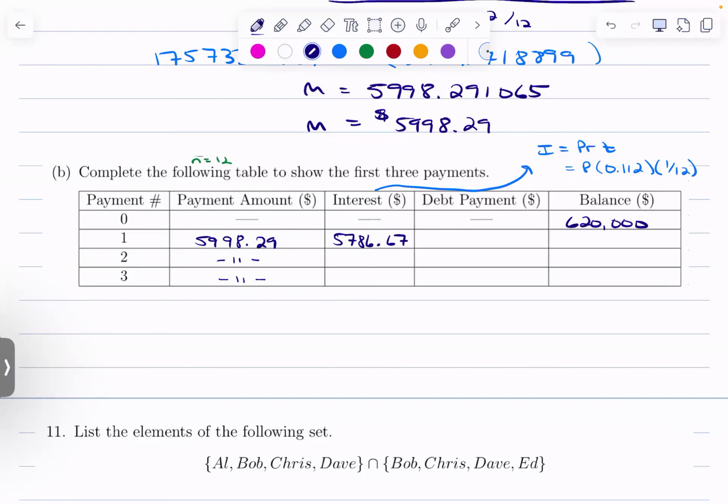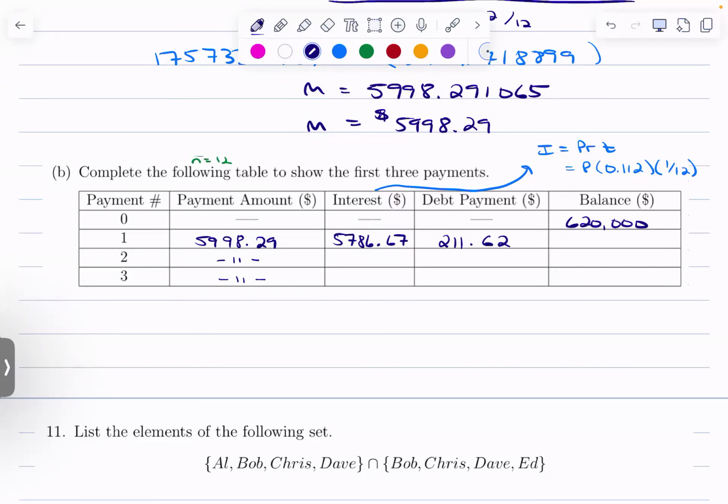Which means that only a small amount of this huge payment is going towards our debt payment, right? And so notice that I've rounded to 2 decimal places, right? Because it's all money. And so 5998.29 minus 5786.67 means that only $211.62 is going towards your debt.